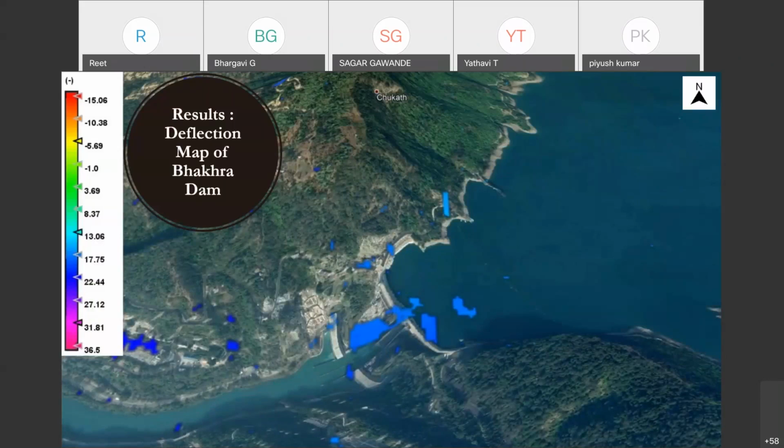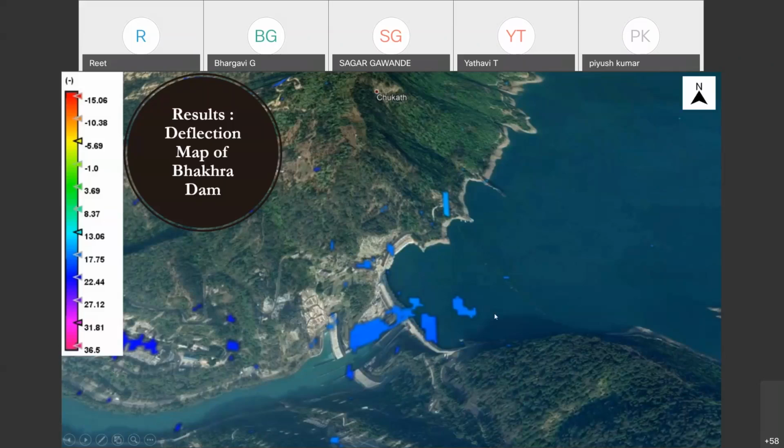So the dam was filled very quickly. And if the dam is filled very quickly, then there will be a high amount of increase in the pressure in the dam wall, which will cause deflection in the wall.